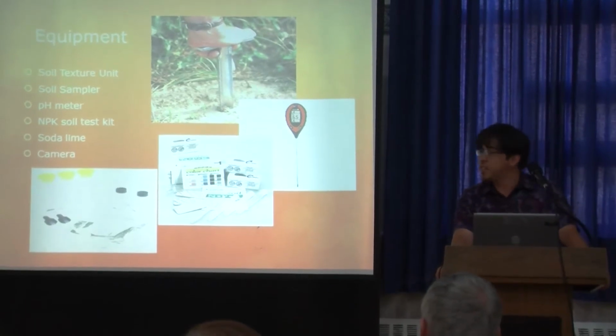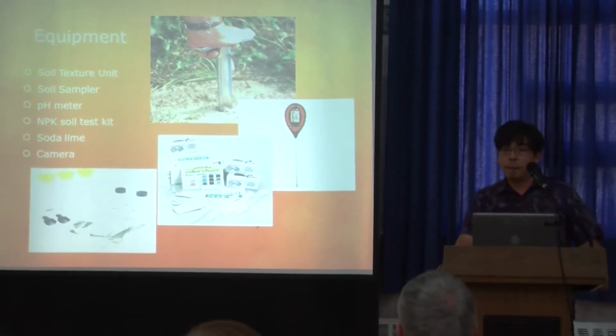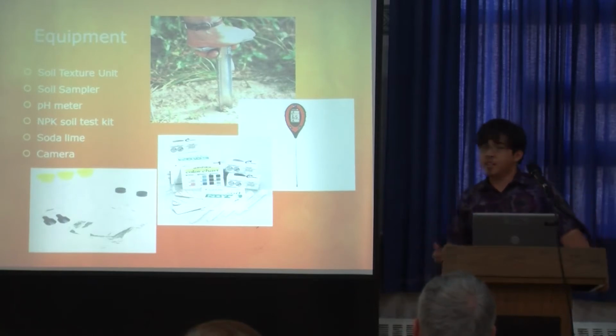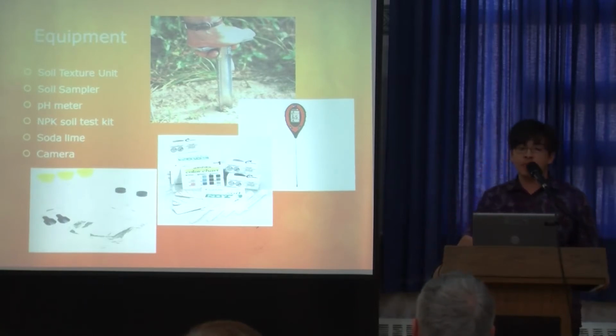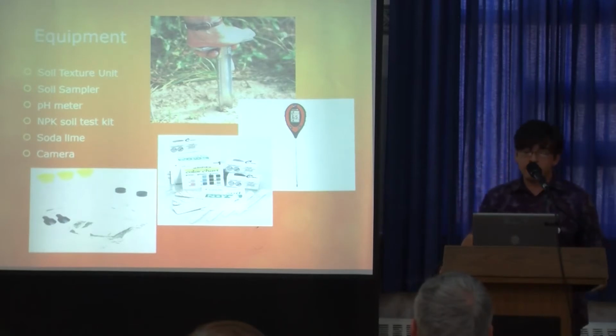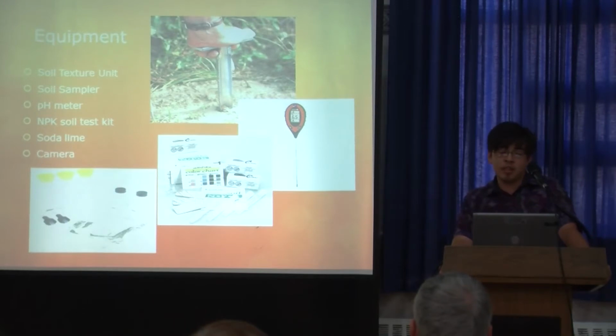Besides basic equipment such as writing utensils and paper to write down the data points, and a laptop to put all of this on an Excel sheet, some of the equipment I used was a soil texture kit, a soil sampler, a pH meter, an NPK soil testing kit, soda lime, and a camera.